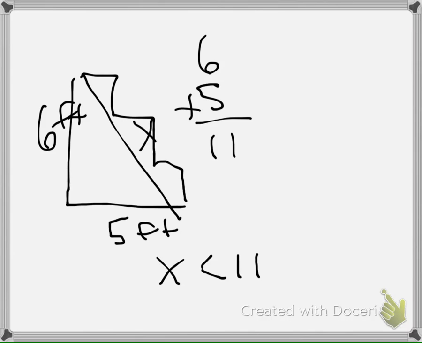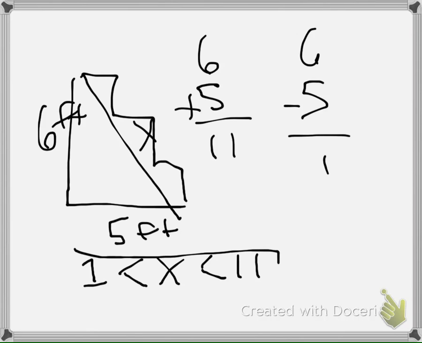X must be less than 11. But if we subtract 5 from 6, we're left with 1. And that lets us know that whatever x is, it cannot be 1 or less.